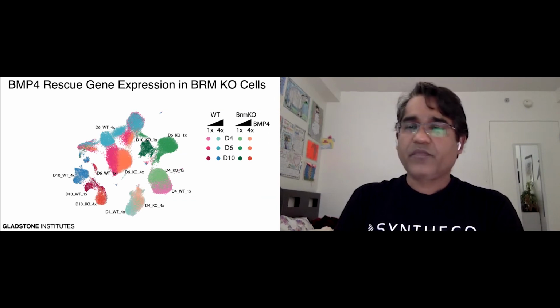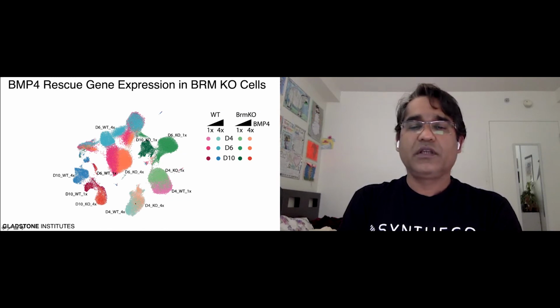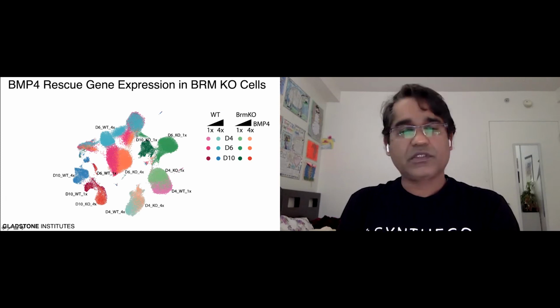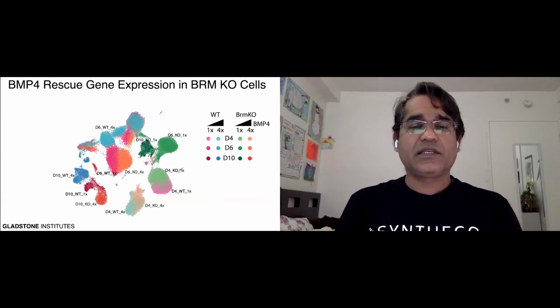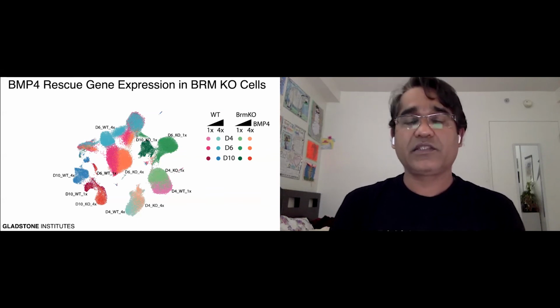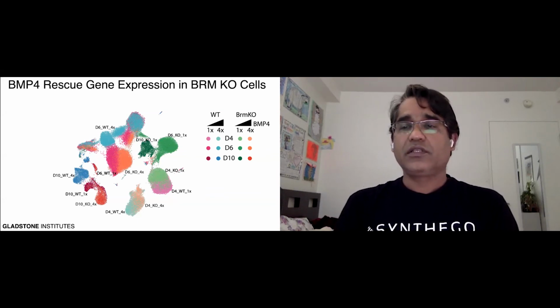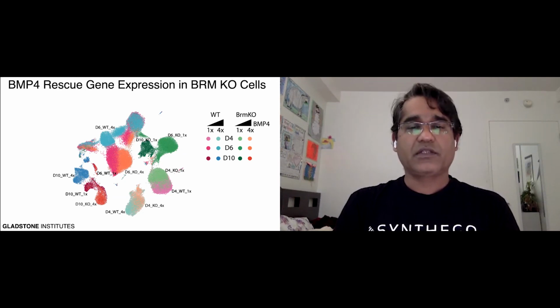But KO cells at 4x BMP4 concentration overlap with their wild type counterparts, and at day 6 they cluster along with wild type cells at low BMP4 concentration, and at day 10 they also cluster with wild type cells at low BMP4 concentration. So this shows, at least by single cell RNA-seq, that we can rescue these BRM KO cells by using a high amount of BMP4 induction.